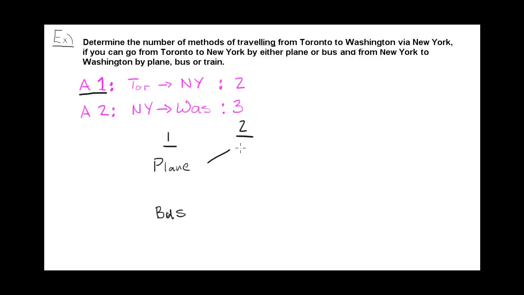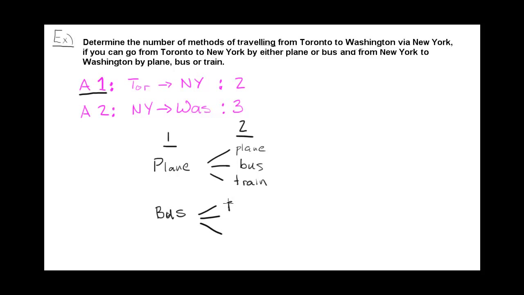So for action 2, I could go by plane, I could go by bus, or I could go by train. So if I took the plane from Toronto to New York, I could then take a plane from New York to Washington, or a bus, or a train. And then the same thing from this branch.